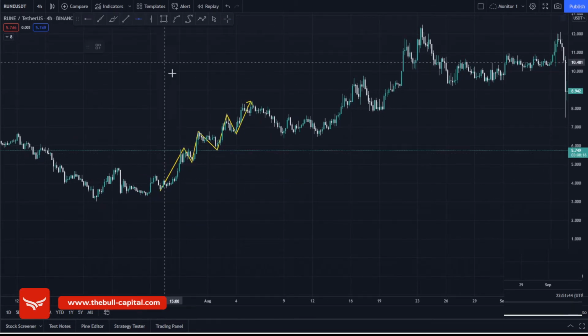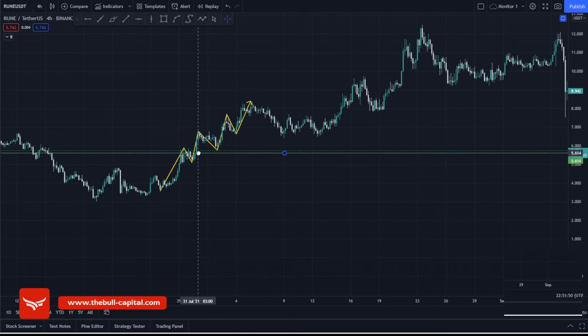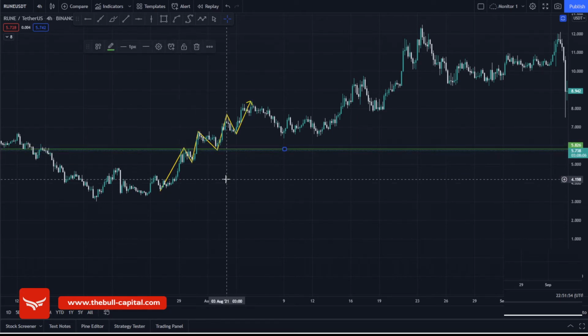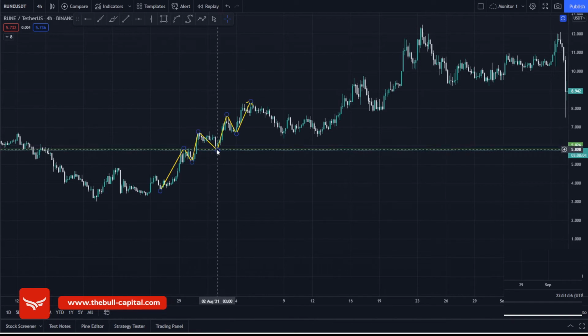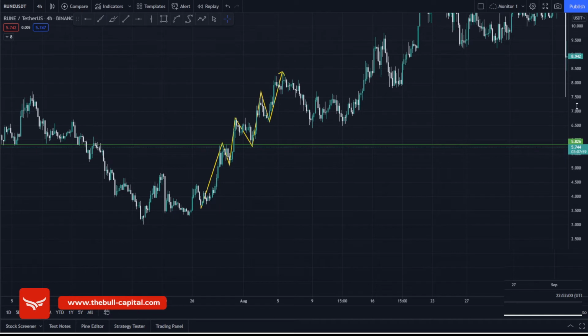So let's draw some support. So we have here one. If you see the peak of this swing and the valley of this swing, you see how both are touching this level.